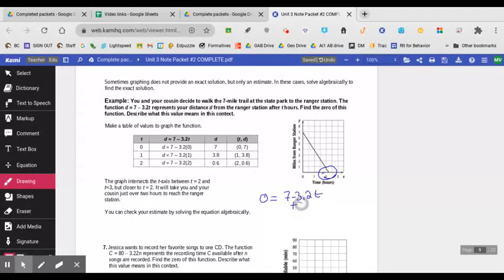I'm going to add 3.2t to both sides. Gives me 3.2t equals 7. Divide by 3.2. And that gives me that my time to walk to the ranger station is exactly 2.1875, and I believe hours.